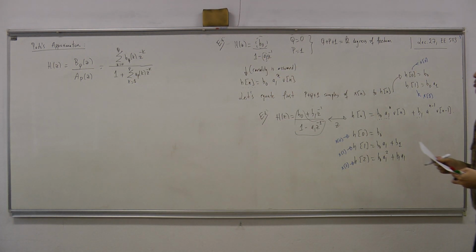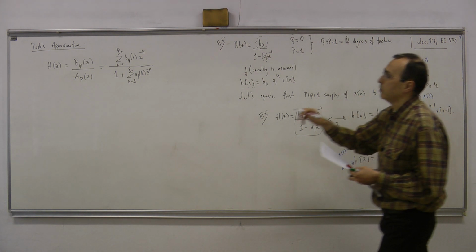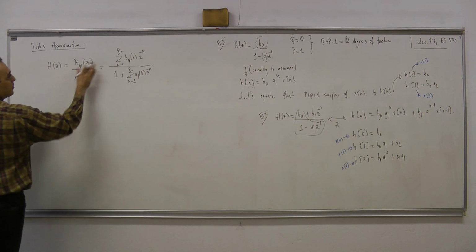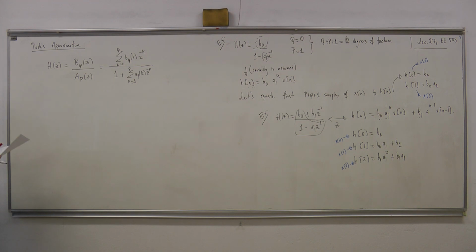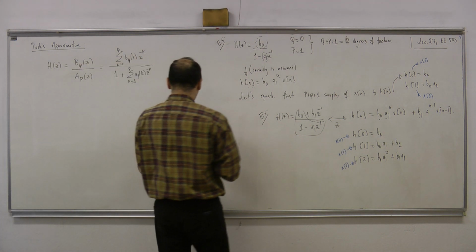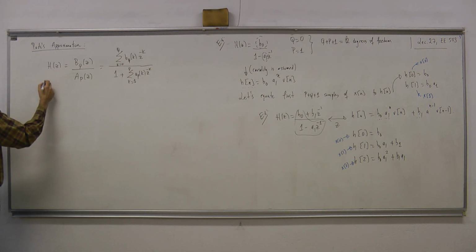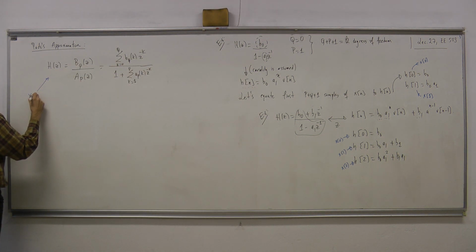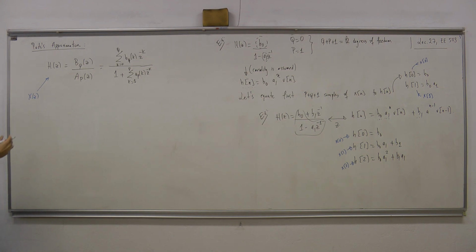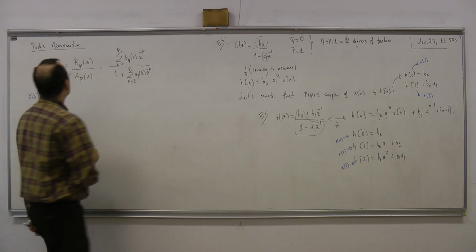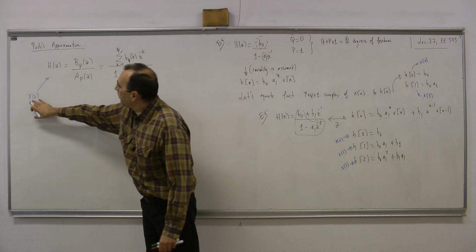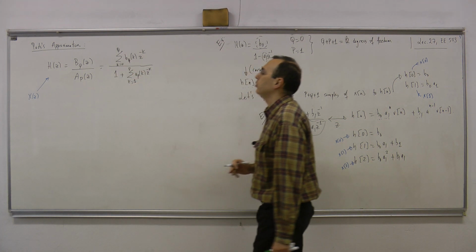So this is our model for the system, and again you see the parameters of this model. Now what is the task? The task is, I would like to equate this H of z to X of z, and I write, if possible. And if possible, I would like to equate it for all n. In other words, sorry, not n. So there's a polynomial on the left side, there's a polynomial on the right side, let's say.